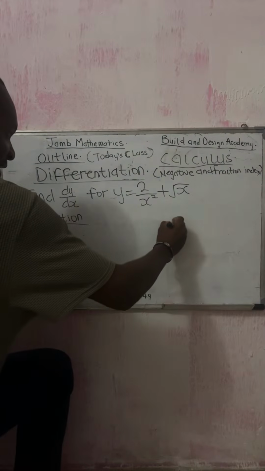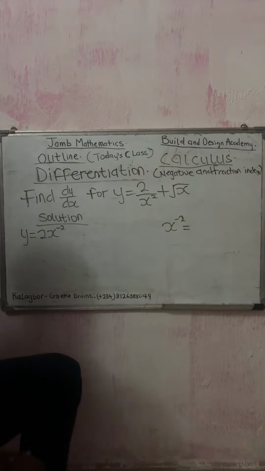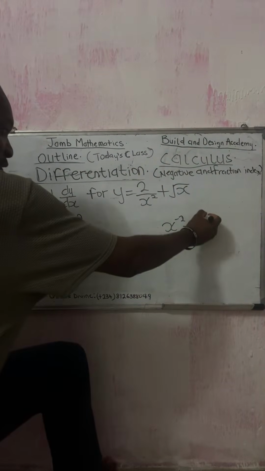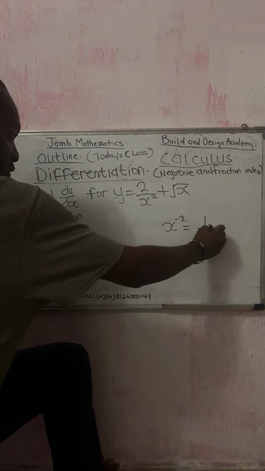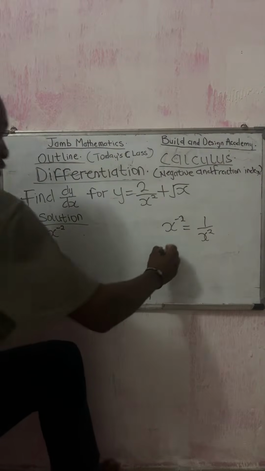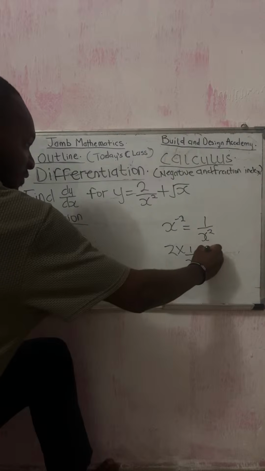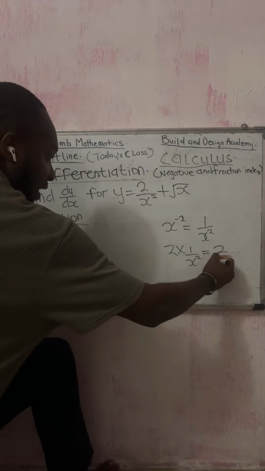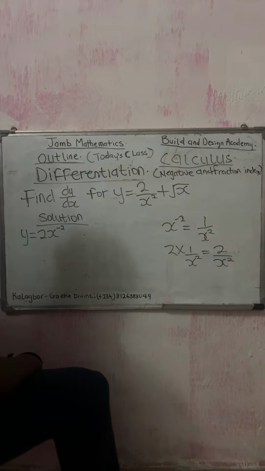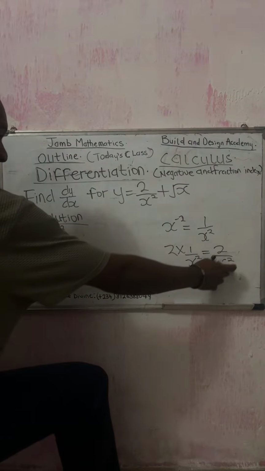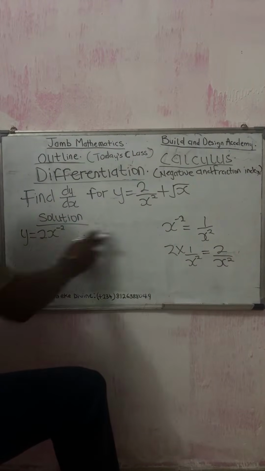Remember, when we have x raised to the power minus 2, by the negative index law, it is simply 1 over x squared. So 2 times 1 over x squared gives 2 over x squared. So we are simply reversing 2 over x squared to get this.